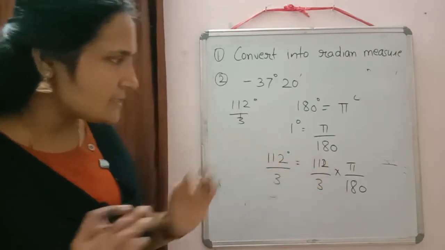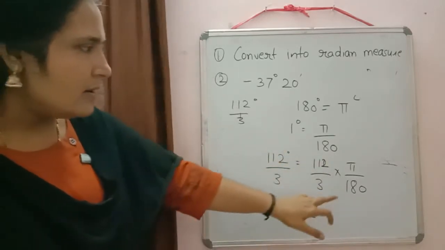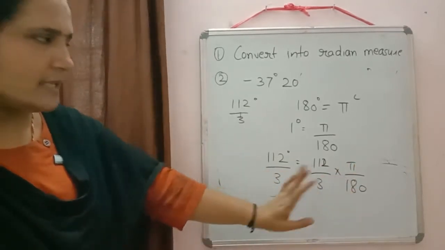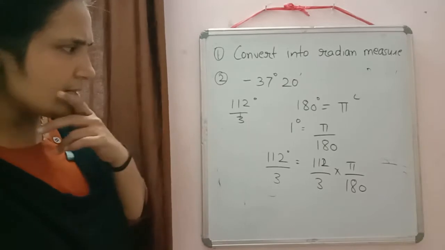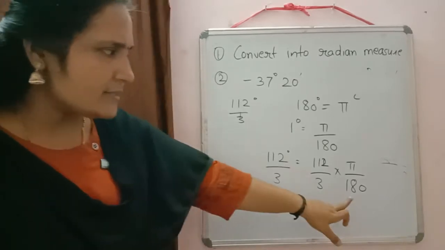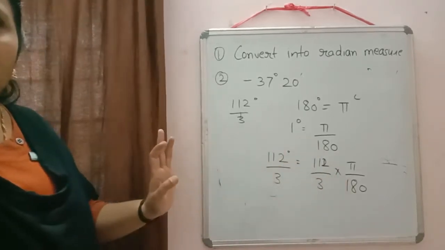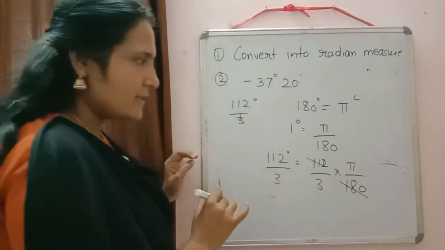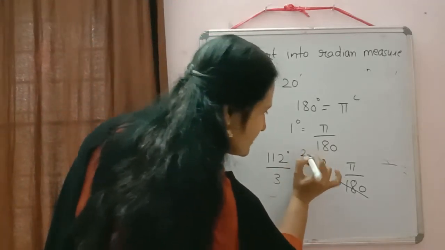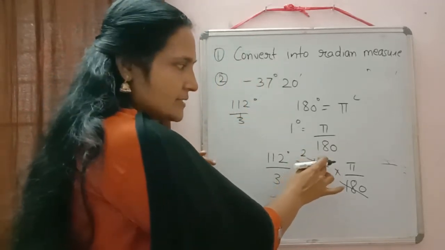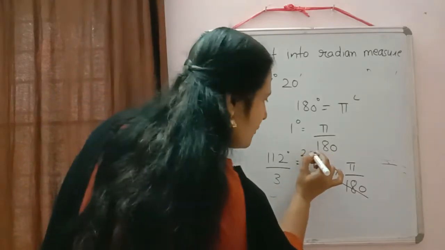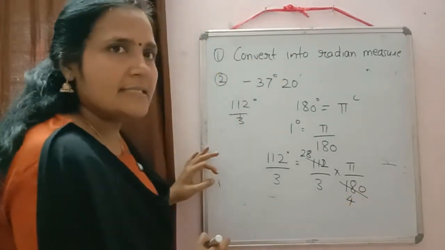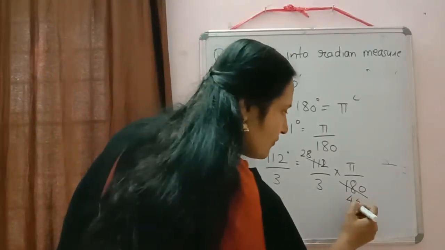Just to check if any cancellation is possible. It would be divisible by 7, but this number is not divisible by 7. So we can cancel it by 4. 180 is divisible by 4 and 112 is also divisible by 4. If cancellation is possible, you should cancel it. 4 2s are 8, 11 minus 8, 3, so 32 will come. 4 4s are 16, 18 minus 16, 2. 4 5s are 20.